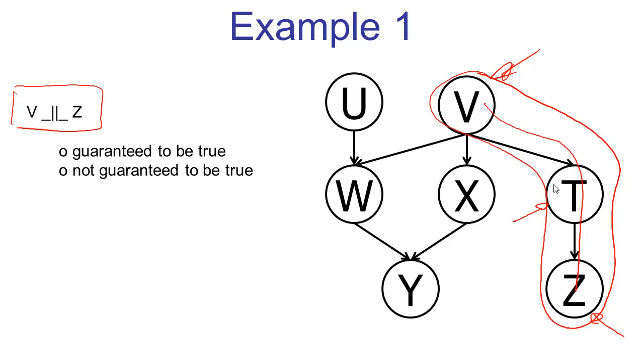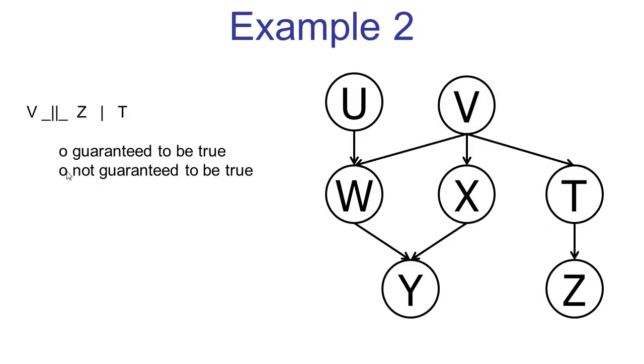That means the triple is active. We have a path with just one triple. The one triple is active, which means all triples along the path are active. This means the path is active. Once we have found an active path, we know that just based on the graph structure, we cannot guarantee the independence. So v independent of z is not guaranteed to be true.